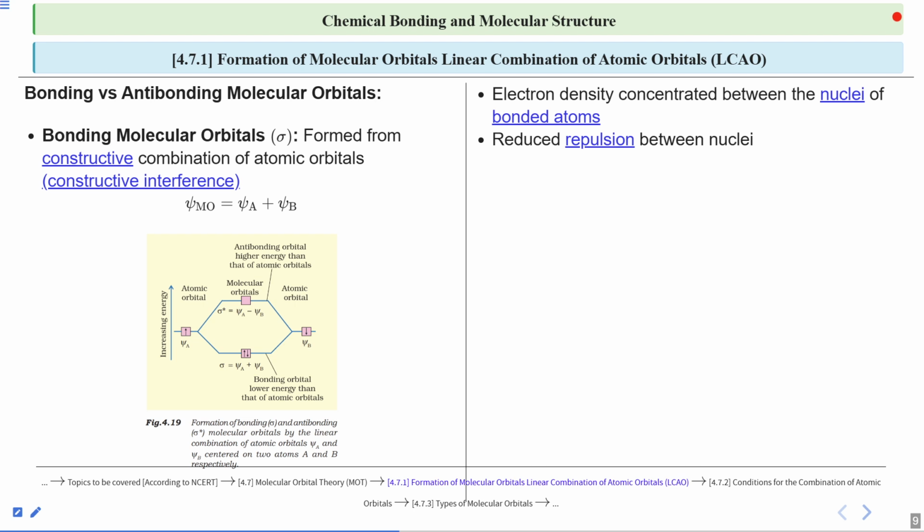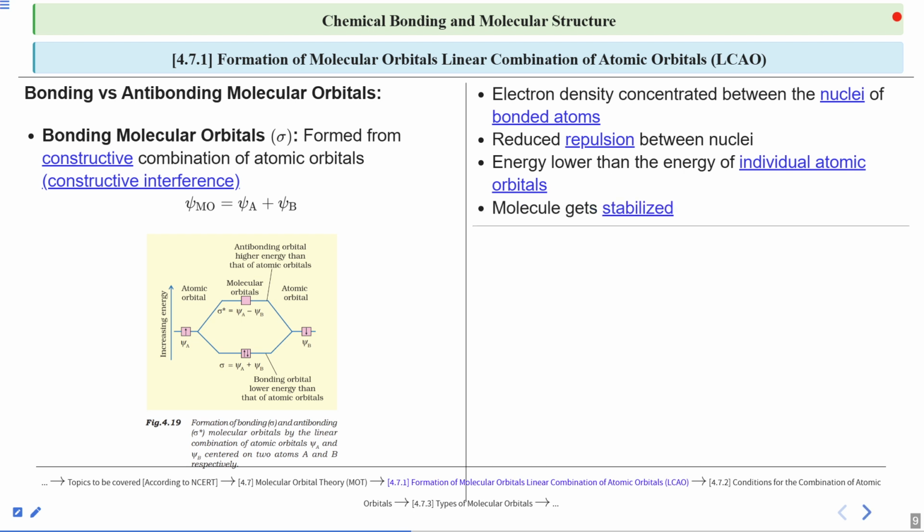As I said, because of this, the repulsion will be decreased in the case of two nuclei, and the energy of each of these individual atomic orbitals will go down. Overall, the molecule will get stabilized. So I hope you got the idea of bonding molecular orbital. What is happening?